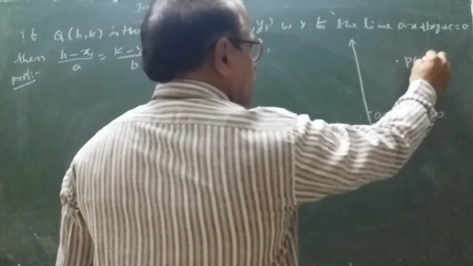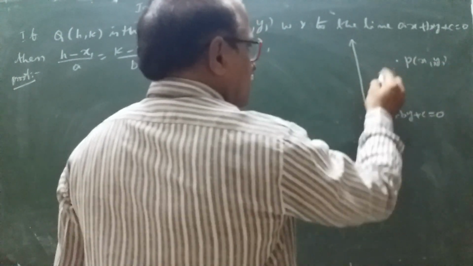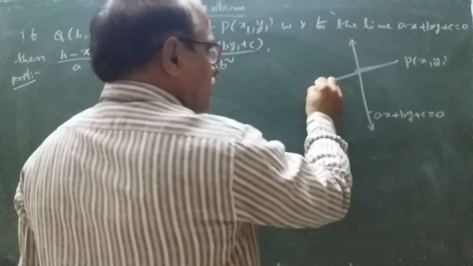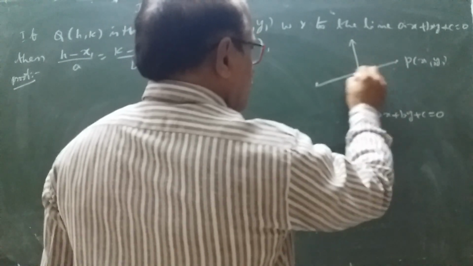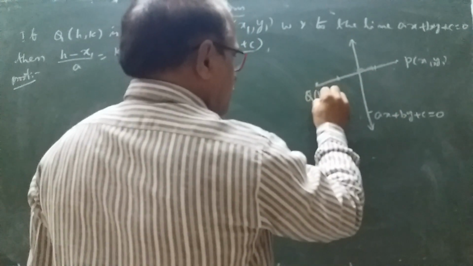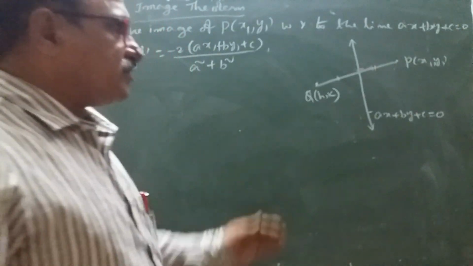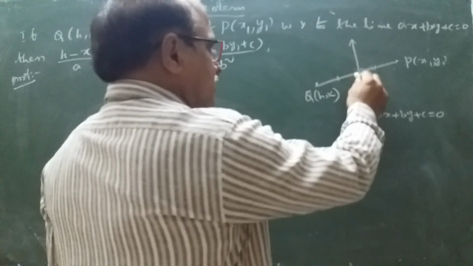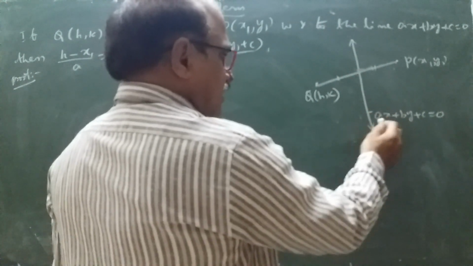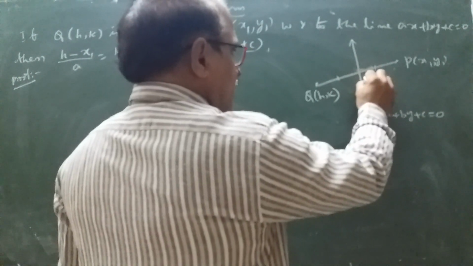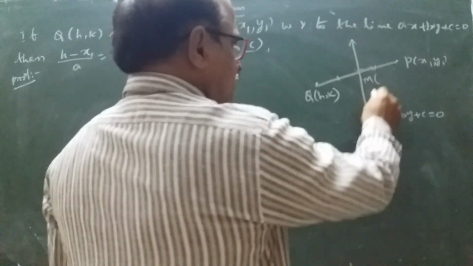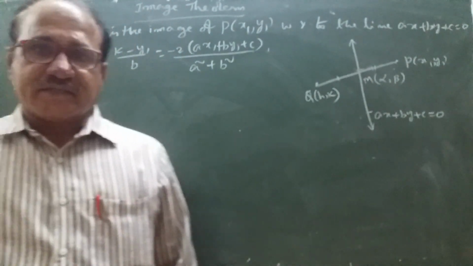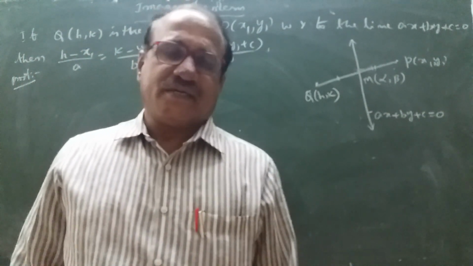P(x1, y1) is the given point, and Q(h, k) is the image of P with respect to the line ax + by + c = 0. Let PQ intersect the straight line L at the point M. Let the coordinates of M be (alpha, beta).